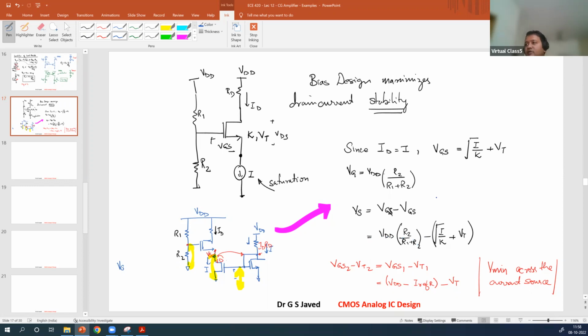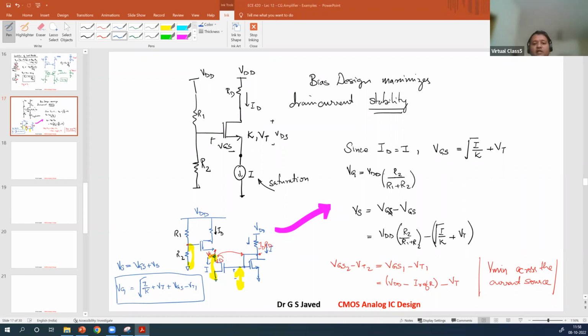What I meant is your VG is equal to VGS plus VS. So this VGS plus this VS will give you your VG, and that is given as square root of I by K plus VT plus VGS minus VT1. That has to be your VG value. So if you select your resistors such that this equation is satisfied, then you will be able to set the VG value.